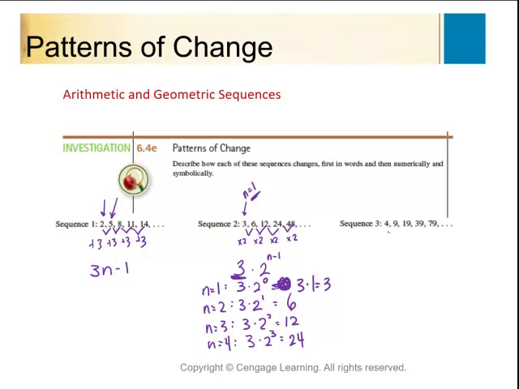Let's see what's going on here. Now this is adding 5. This is adding 10. This one is adding 20. This one is adding 40. So this is increasing at a pretty significant rate, a little bit different than my others.